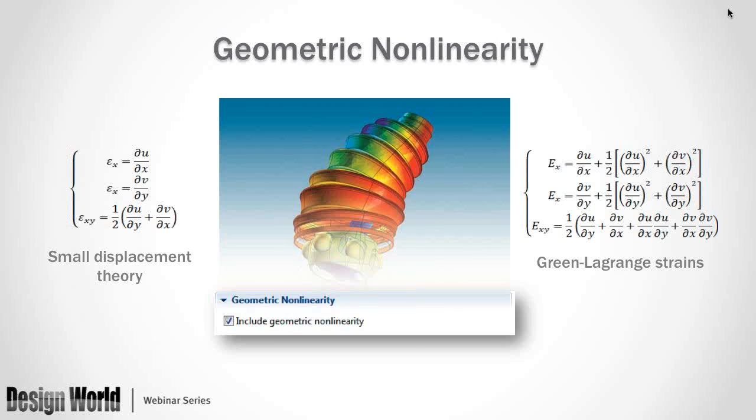But if you look over on the other side, the Green-Lagrange strains, you see those have nonlinear relationships between the strains and the displacement. You see the derivative of the displacements there, showing you that there's this nonlinear relationship. And that's the way, in a theoretical way, that you can capture geometric nonlinearity. You just add in the nonlinear parts, but it's similar to a second-order Taylor series expansion, something along those lines.